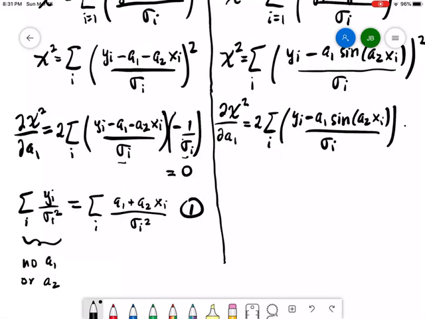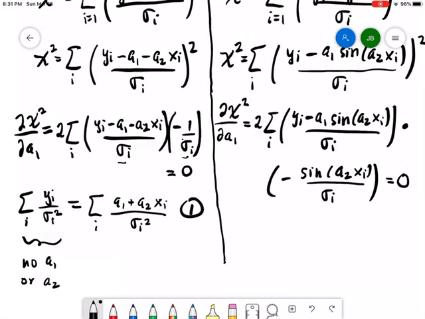And, okay, then we're going to multiply by the derivative of what's inside. So we have a term that is minus a1 sine a2 xi over sigma i. And when we take the a1 derivative, what we would be left with is the minus sine a2 xi over sigma i. And then that would have to be equal to 0.